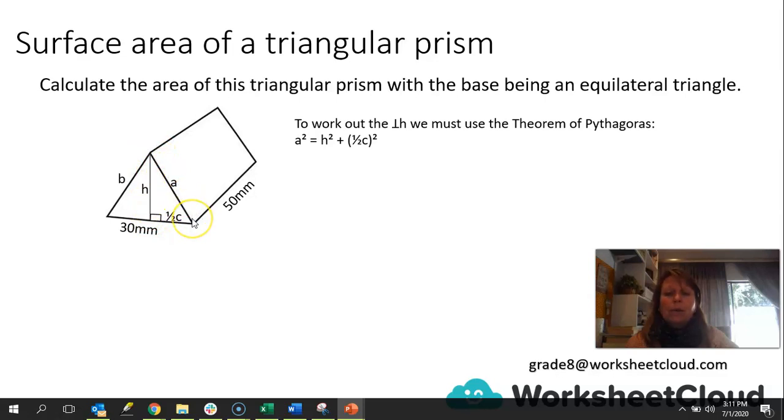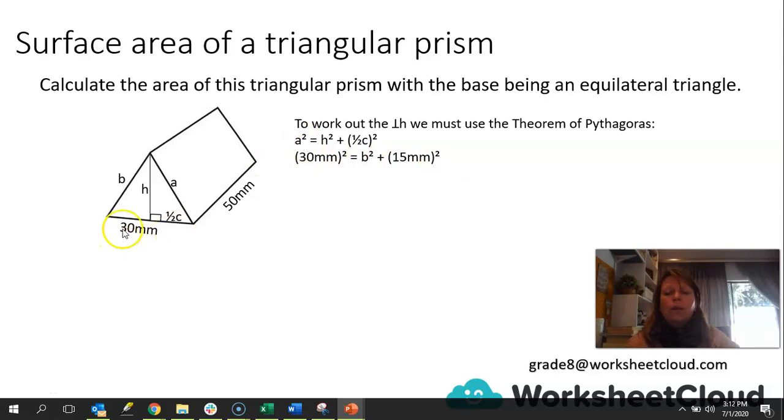Okay, A is the hypotenuse in this case. So A squared is equal to the height squared plus half of C. Okay, half of the base. Right. So what is half of the base? It would be 15 millimeters. So we've got 30 millimeters squared is equal to B squared plus 15 millimeters squared.